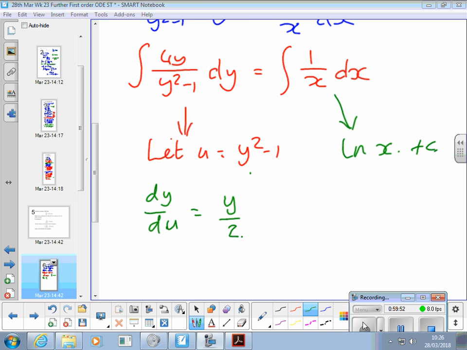Take 1 off the n, multiply by a x to the n. Differentiating, it becomes 2y. It's not half y. It becomes 2y.